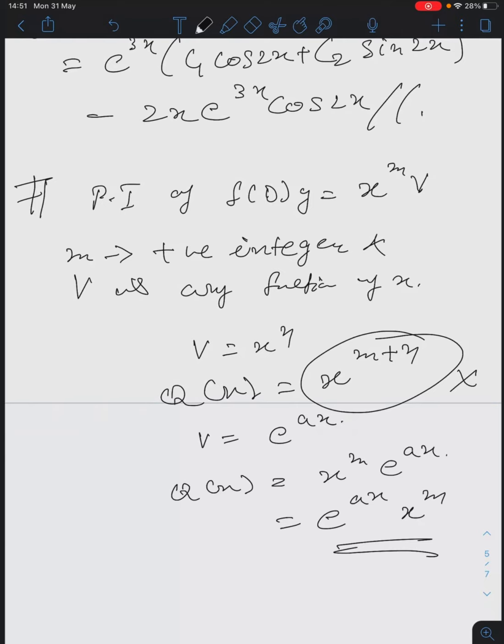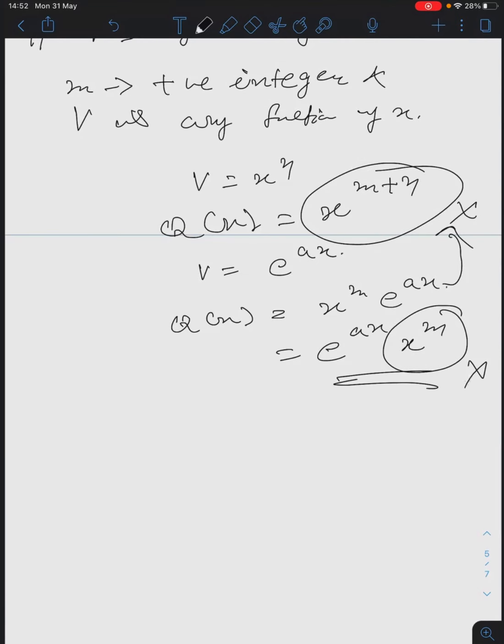There you write e to the power ax to the left of the operator, and in the operator 1 by f of D, you replace D with D plus a and apply it on x to the power m by this method itself. So this is also not required. Understood these two parts?